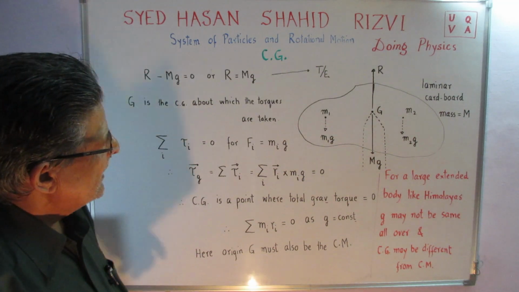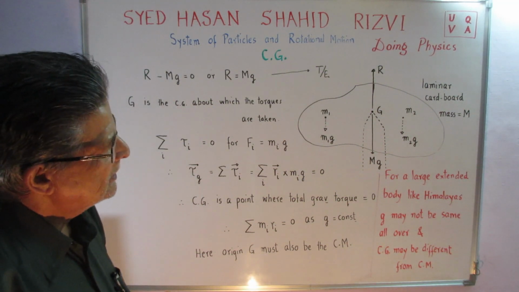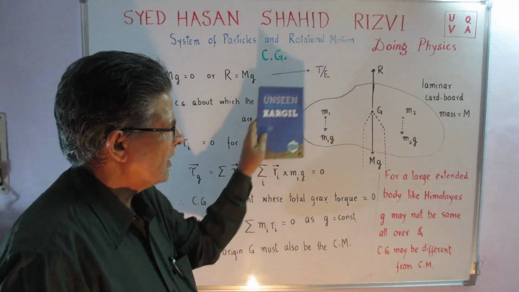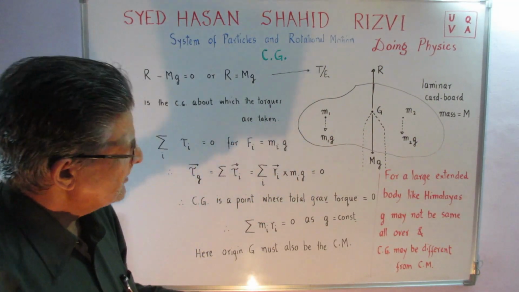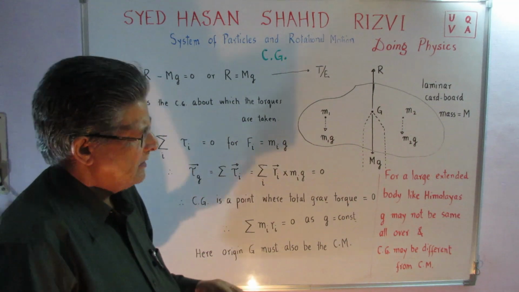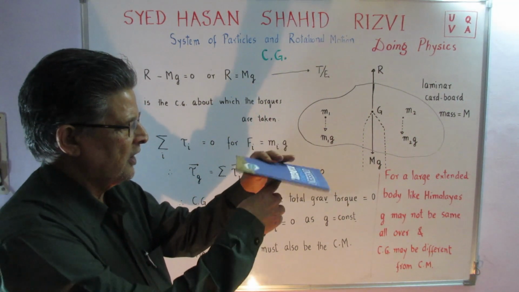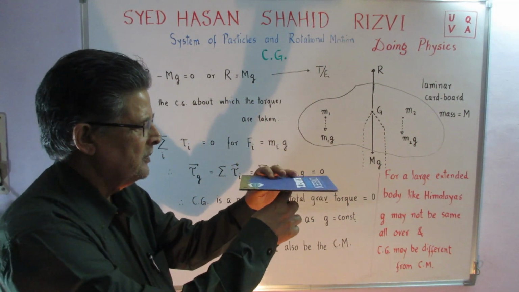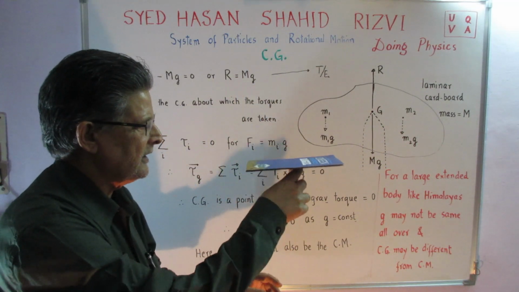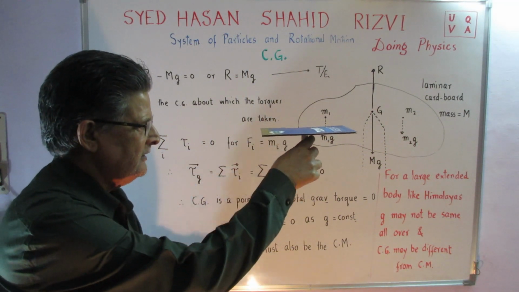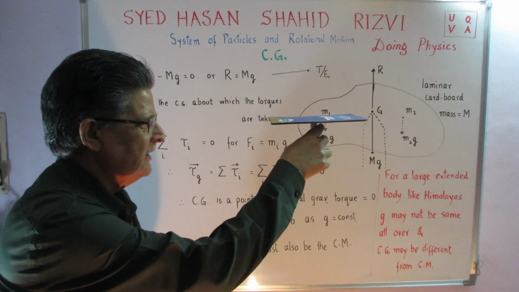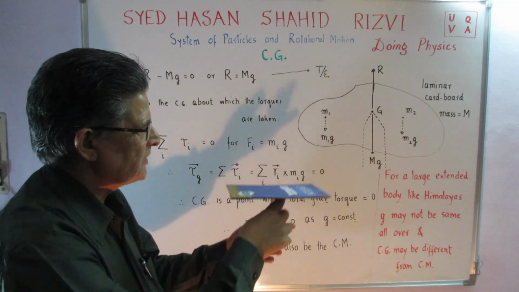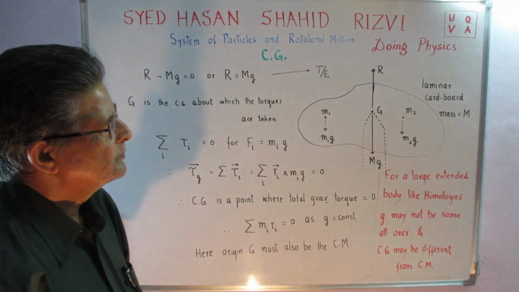Here, what I do is I take a cardboard of any size. What I can do with this cardboard is that by trial and error, I can balance it even at the tip of a pencil, which I have shown over here.